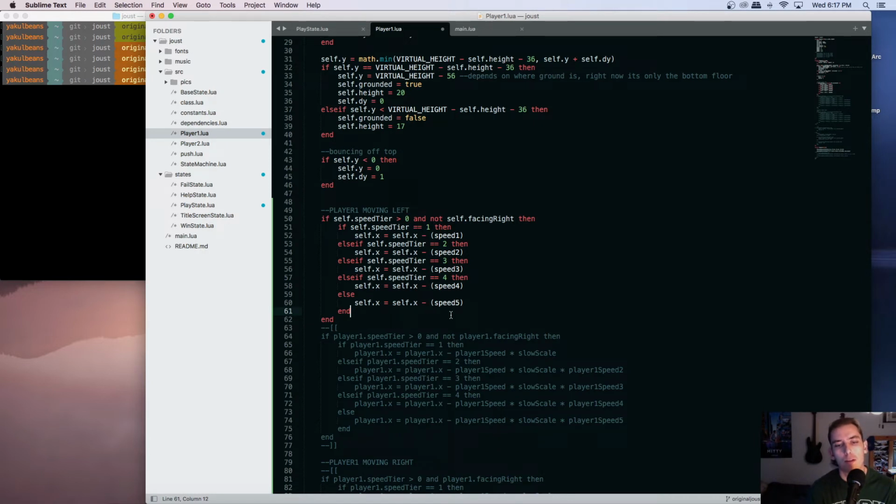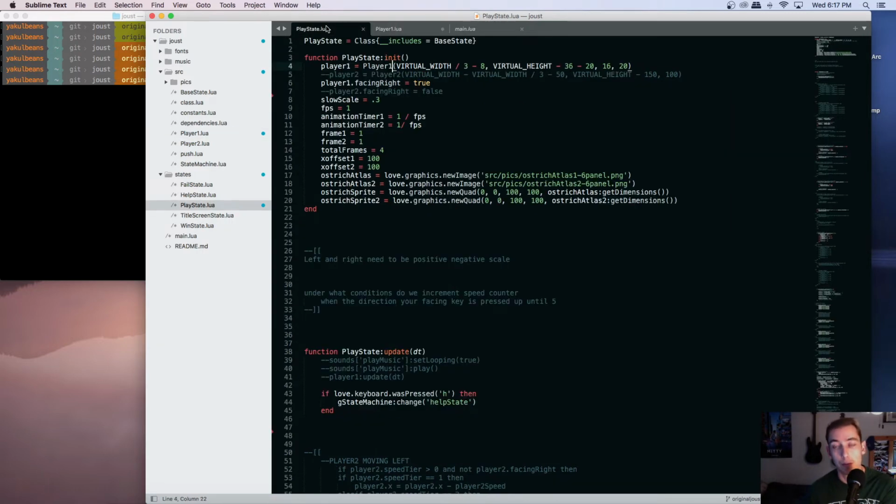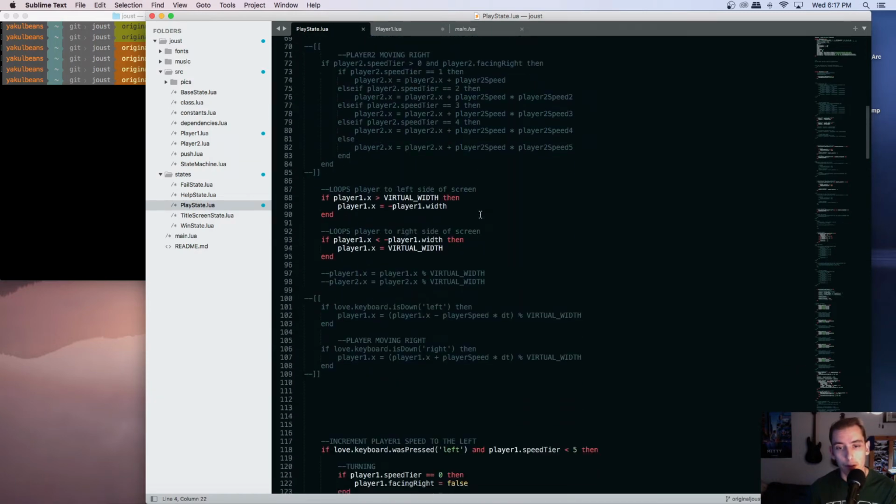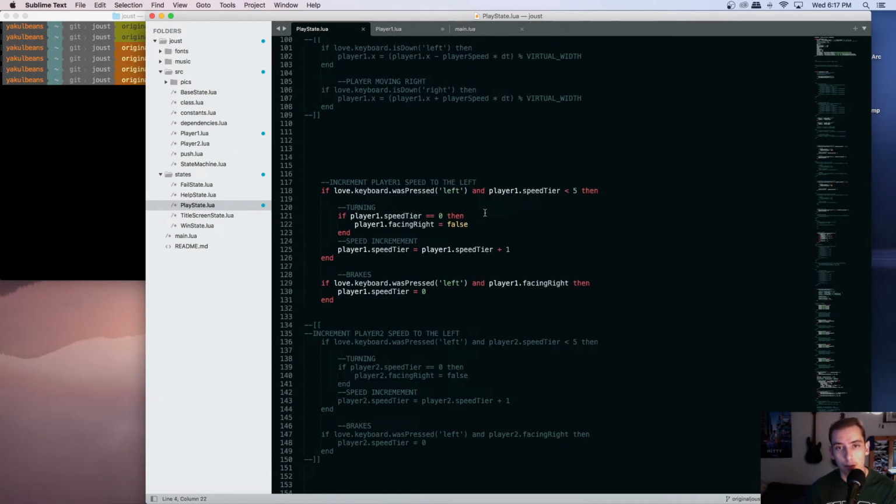Well, right now the braking system that's busted, it just stops completely, doesn't slow down, is right here, where I'm saying if it's facing left and you press right, speed tier gets 0.